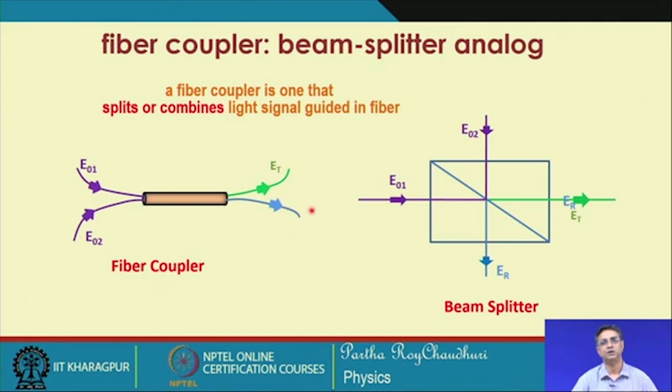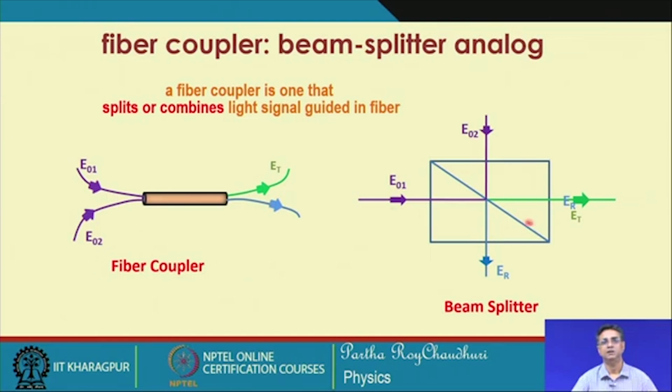This port is called the transmitted port or throughput port, and this will be the coupled port, as long as this is treated as the input port. The other way around, if this is the input port, then the port constituted of the same fiber will be the transmitted or throughput port, and this will be the coupled port.